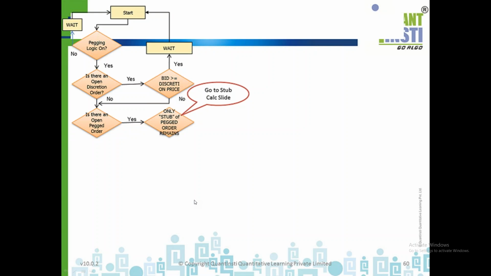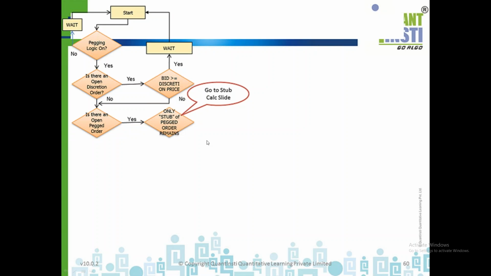Okay. So then if there is an open order, I need to check if a stub of pegged order remains. Now, what is a stub of pegged order? I will show you another flowchart for figuring out whether a stub of pegged order remains.